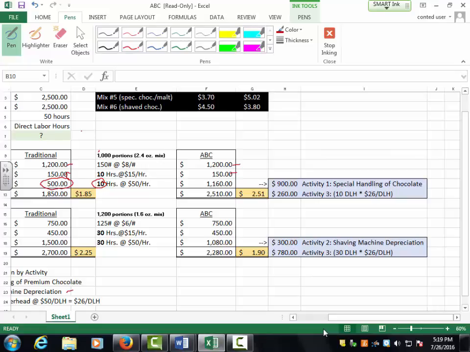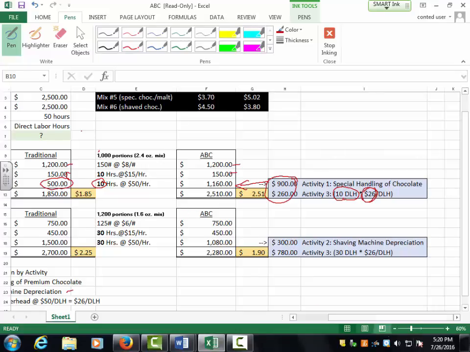Then what was left was 10 hours of labor, but we now have a new application rate. Instead of 50, it's 26. So the combined number now for overhead is 1160.